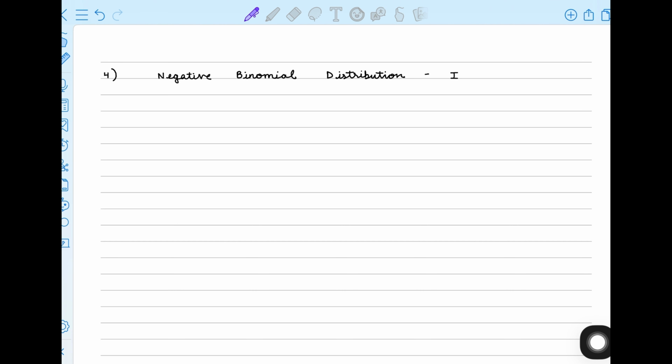Next, we have the derivation of the MGF for the negative binomial distribution type 1. We start by representing the MGF.